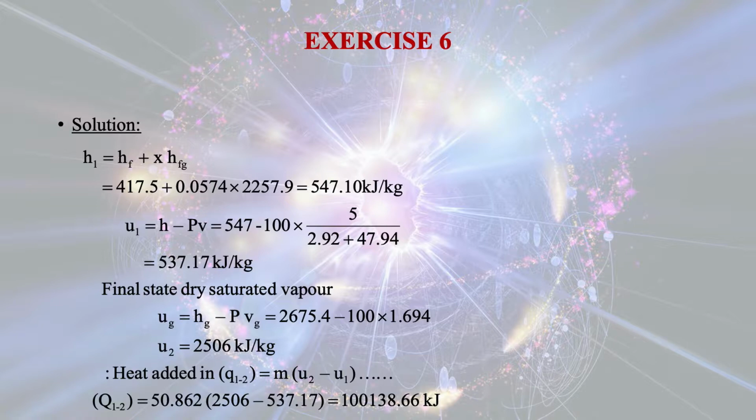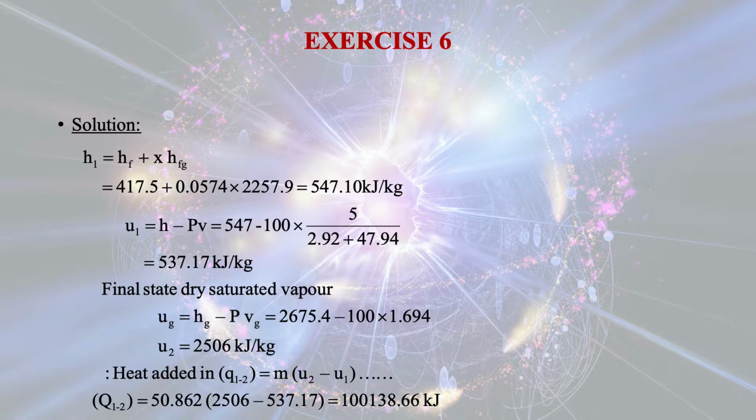Now if you want to calculate the internal energy at the initial stage, u1, we know very well that u1 is equal to h minus pv, and h1 we have already calculated, that is 547.10 kilojoule per kg.